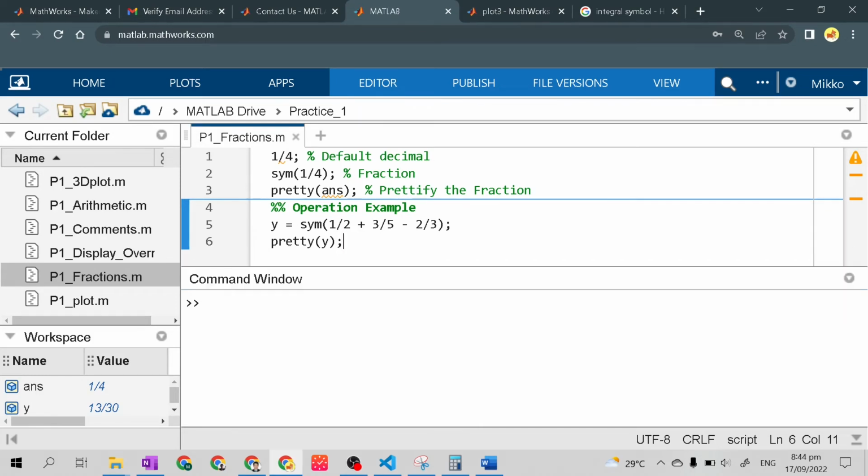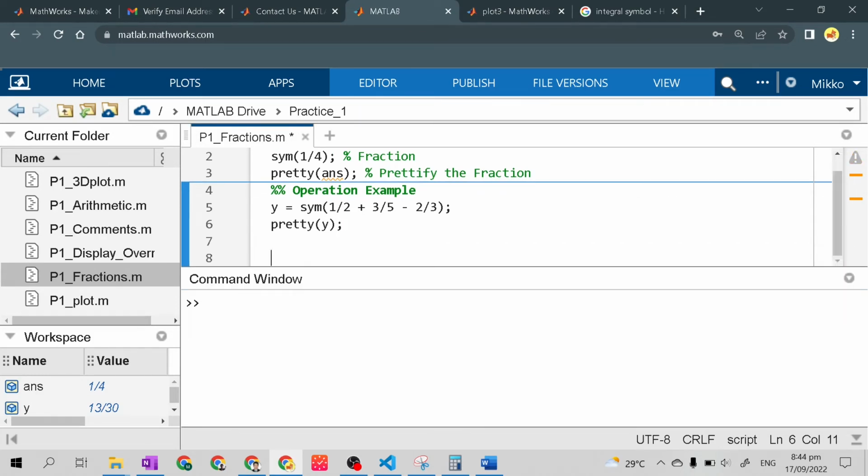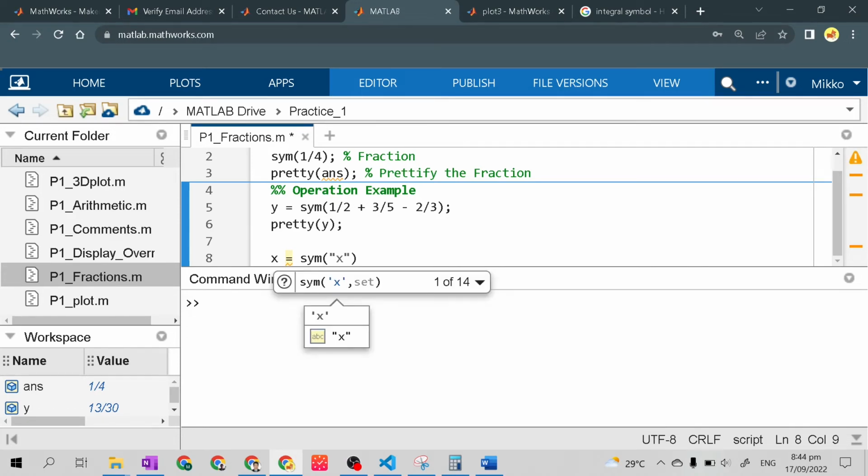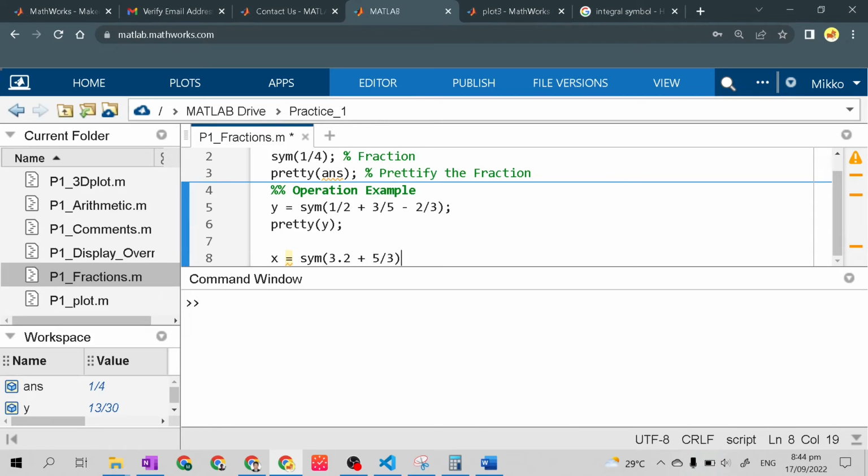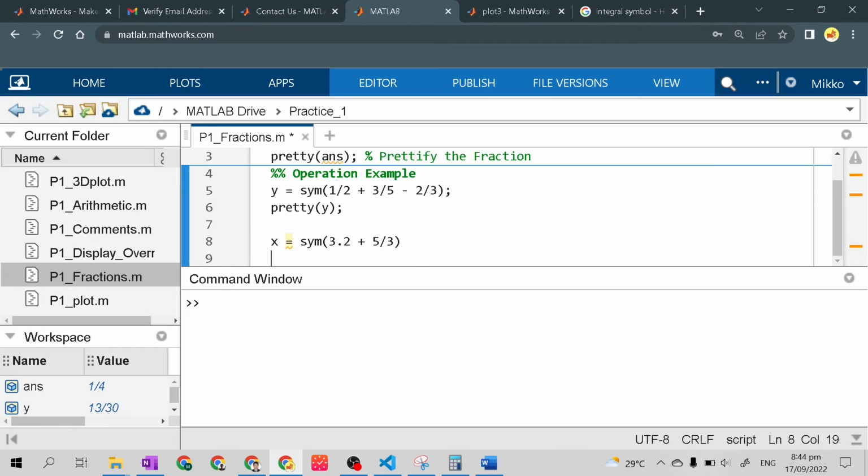Let's try x. x is equal to sym, open and close parentheses. Now let's add a decimal to a fraction. What will be the final answer? The final answer should be a fraction, so let's prettify it also.